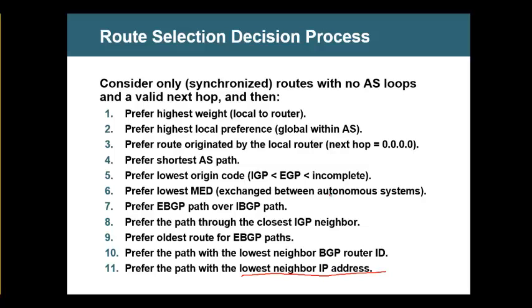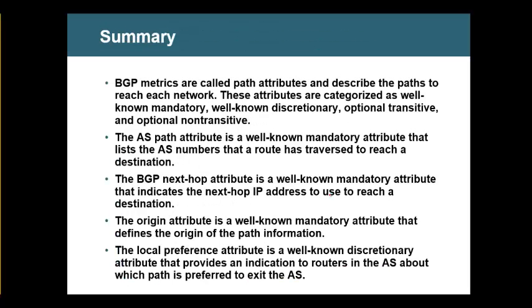See, a very important page in BGP: route selection. Right. So in this chapter we learn about attributes completely.